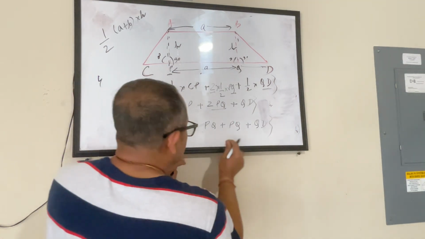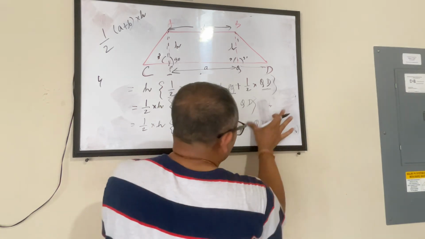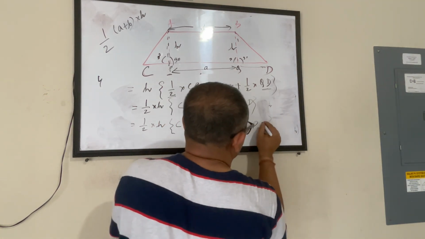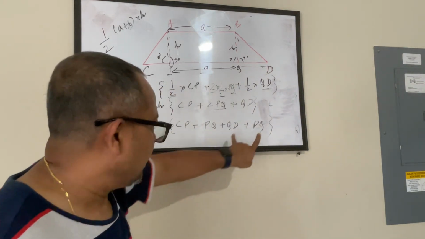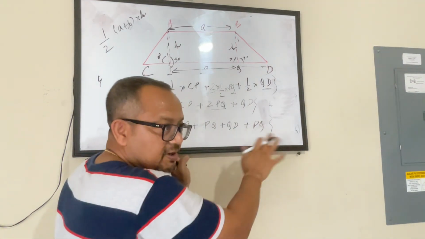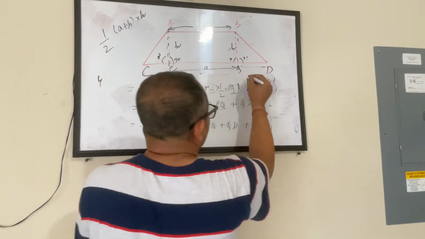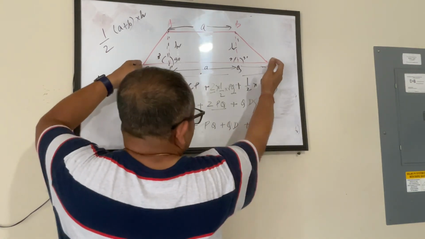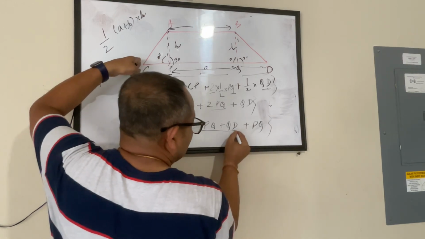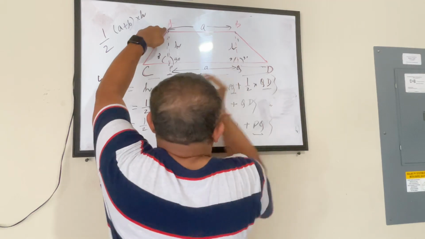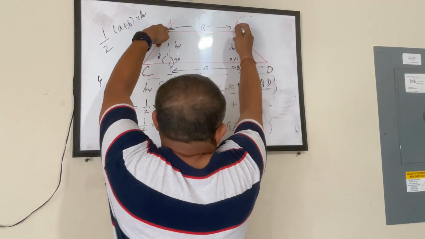Now what I will do is move this PQ around. I just jumble them, I just move them around. That's all. Why? Because CP plus PQ plus QD is one side, my second side. And this PQ is what? PQ is the same as this one, A.